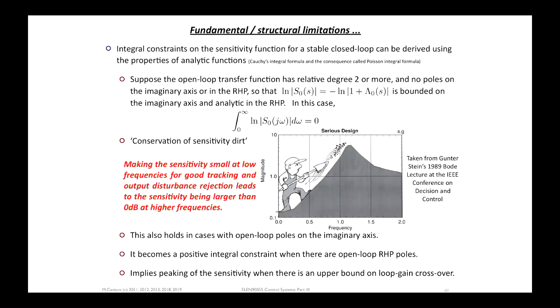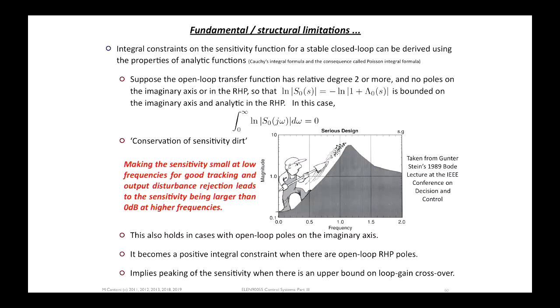So S typically has this sort of shape across frequency, where it's small at low frequencies and getting close to 1 at high frequencies. And this integral constraint is saying that when we integrate over frequency, we must get 0. In other words, the area here must equal the area here.